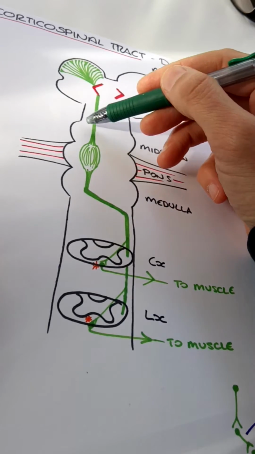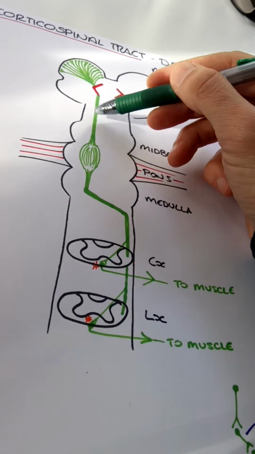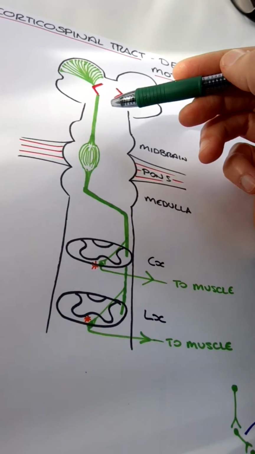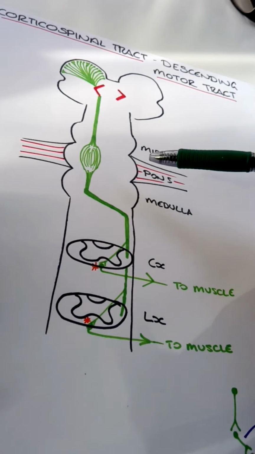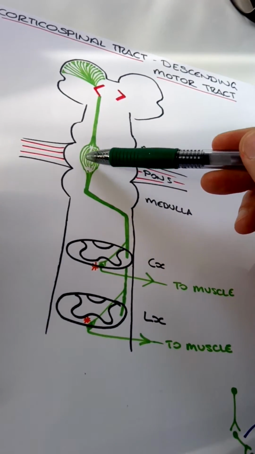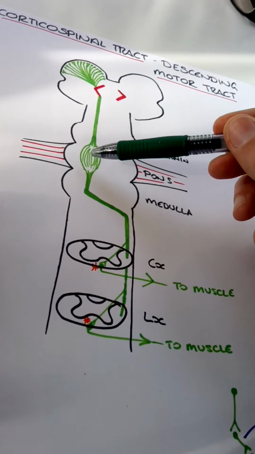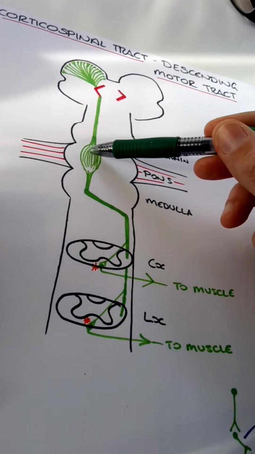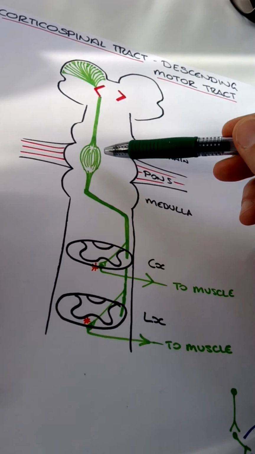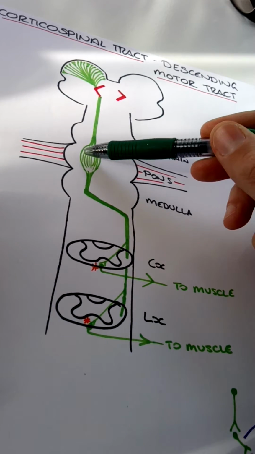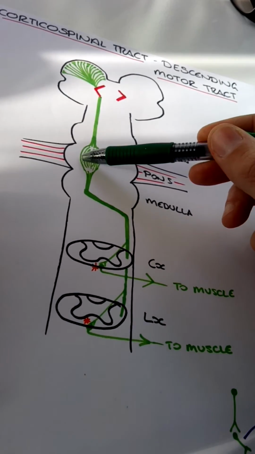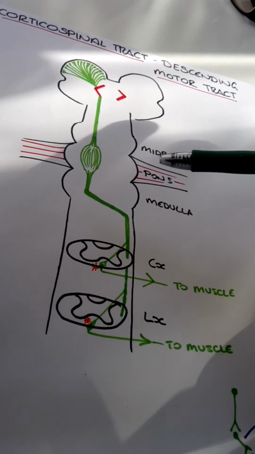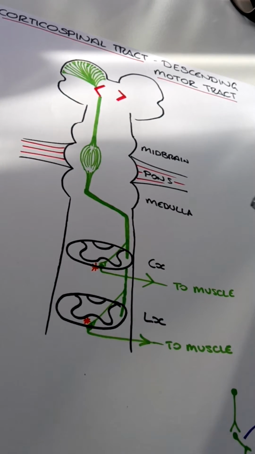It's going to affect a whole bunch of stuff rather than just the one up here. If you have a lesion somewhere in the pons, it's going to be medium specific because these fibers have spread out. Say your lesion is here. These ones are intact, but these ones are not. So there's going to be an effect, but it will be medium specific.